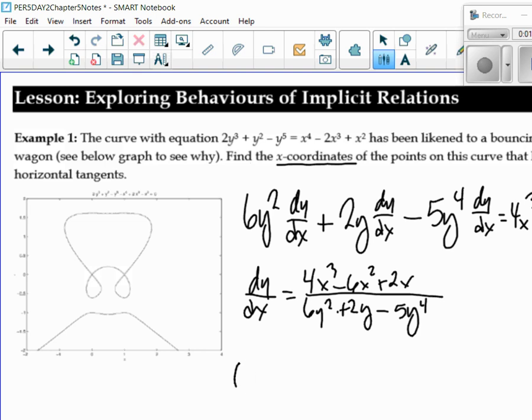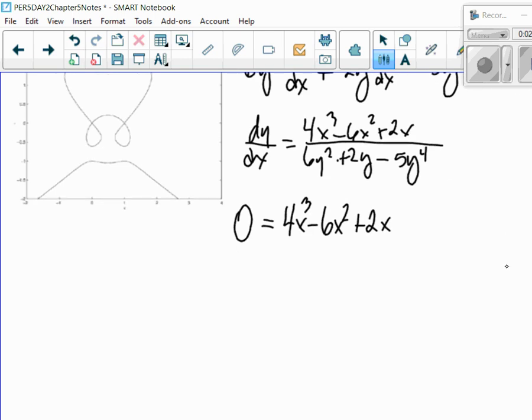Yeah, so 0 equals that. But does it matter about the bottom here? No, because that would be cross multiplied over. Be gone. So we get 4x cubed minus 6x squared plus 2x. And we can divide by 2 and an x. So 0 equals, I'm going to divide the 2 and factor out the x at the same time.